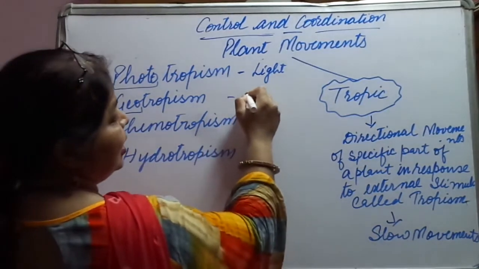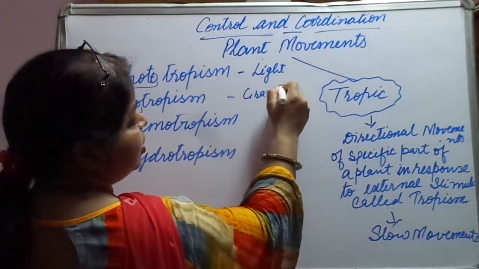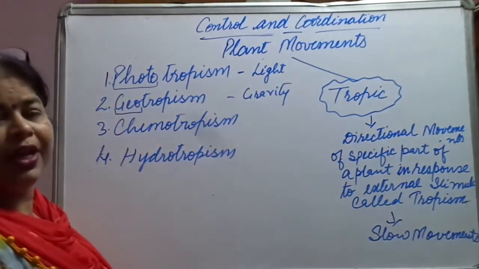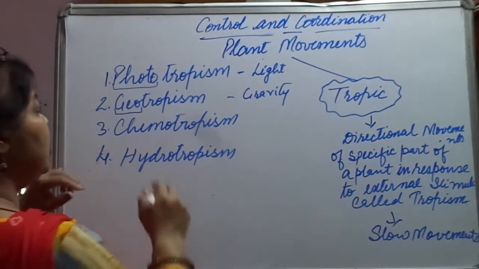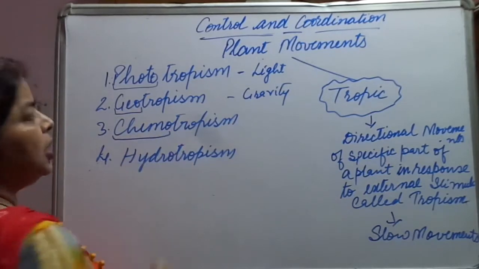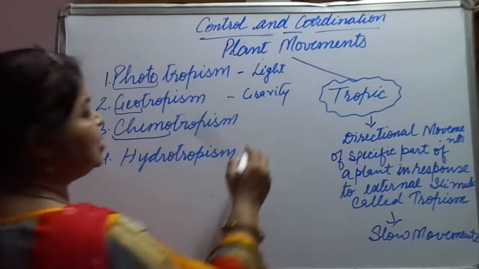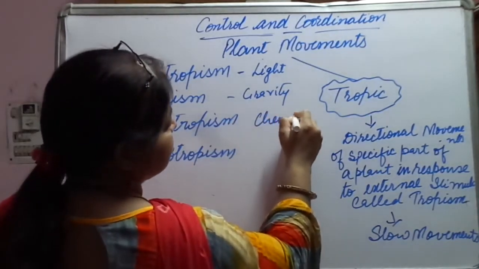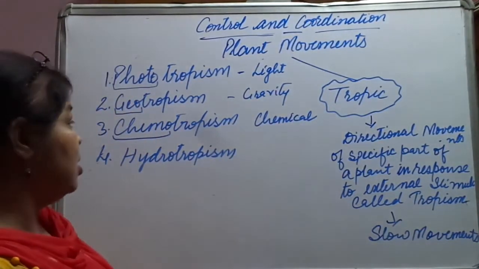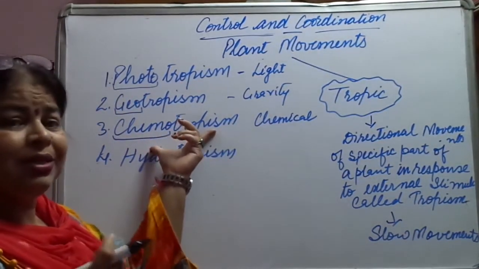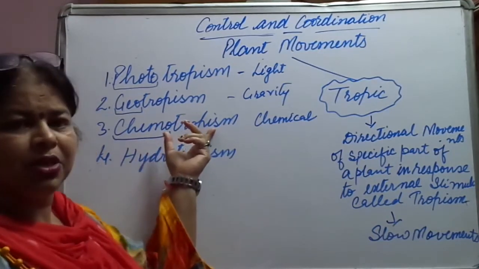Geo talks about gravity, gravitational force. Then the third one is chemo. The word is giving you a hint. Chemo means chemical, when the movement of the plant is in response to some chemical substance.